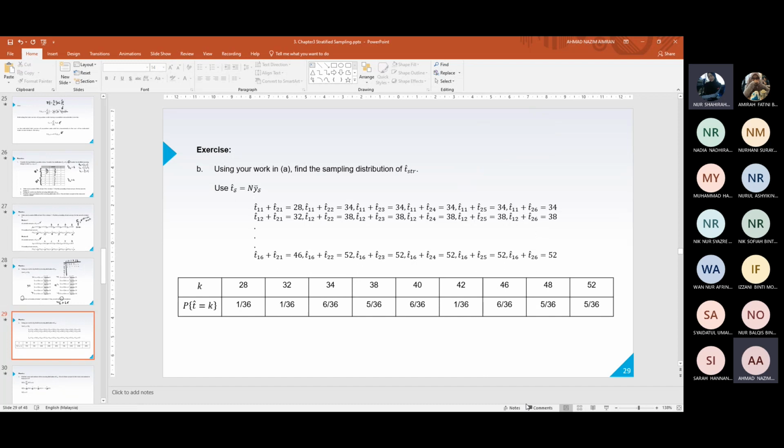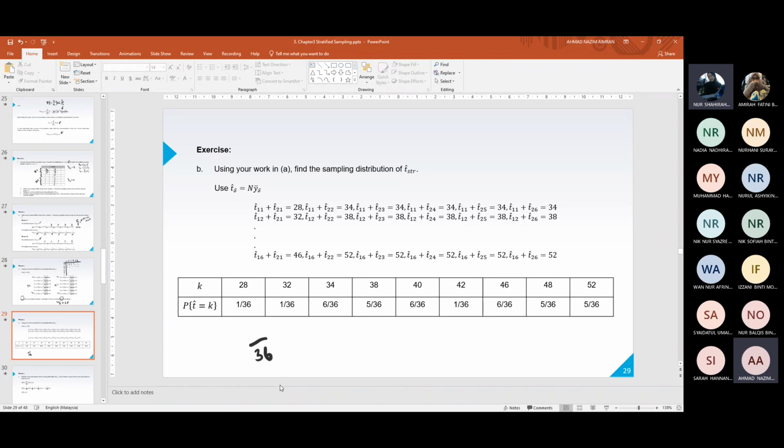Now, remember that you have 36 combinations that you need to calculate, each one. That is why here the probability is equal to something over 36. The denominator is 36 because you need to calculate the combinations of possible samples for stratum number 1 and stratum number 2.